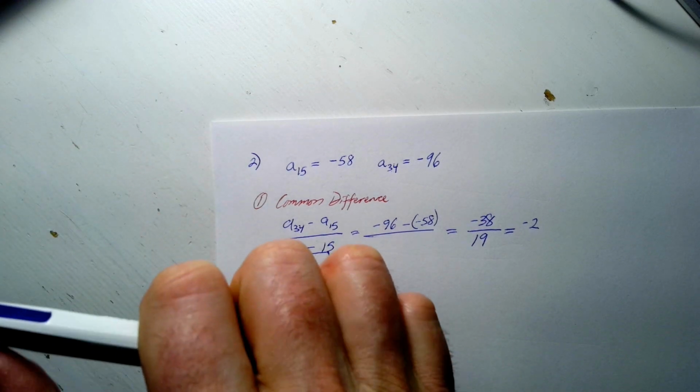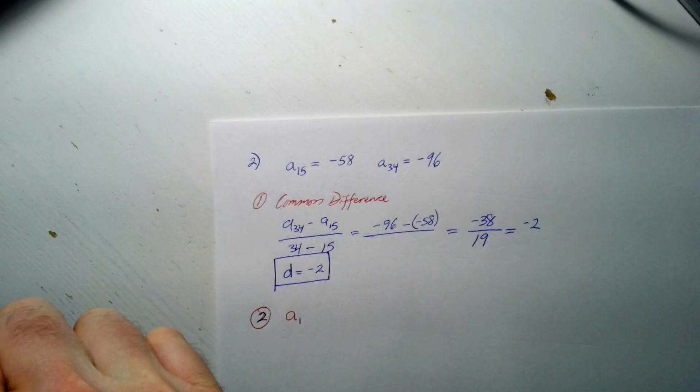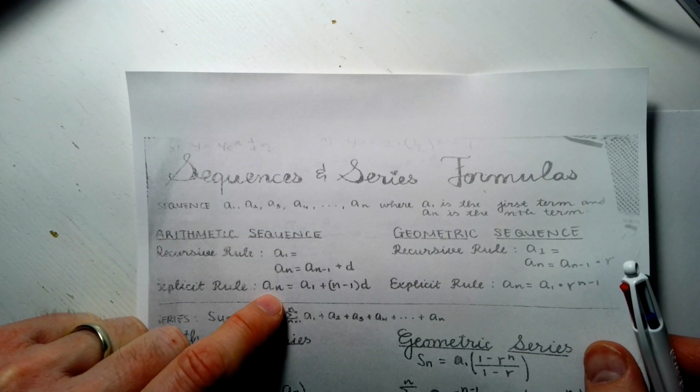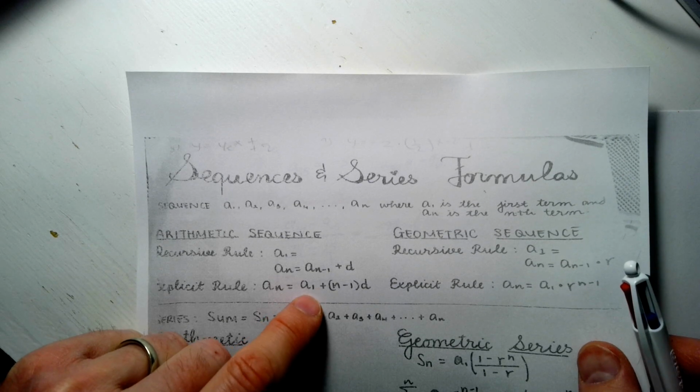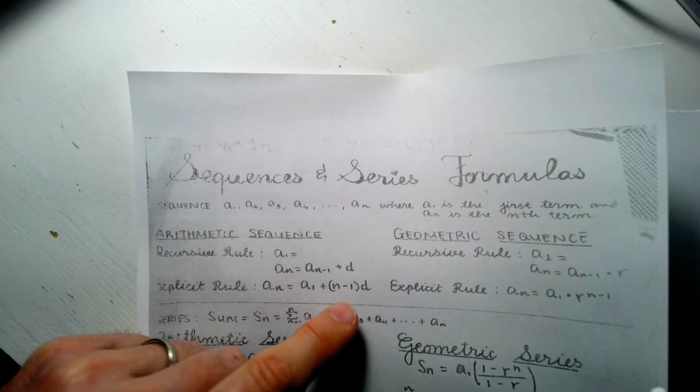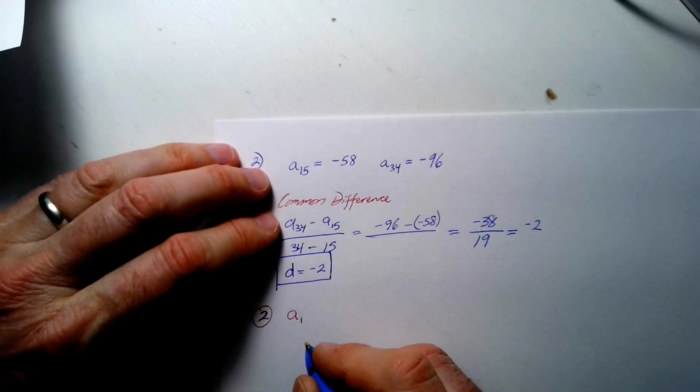Now we have the equation AN equals A1 plus N minus 1 times D. We're just going to plug and chug some numbers.